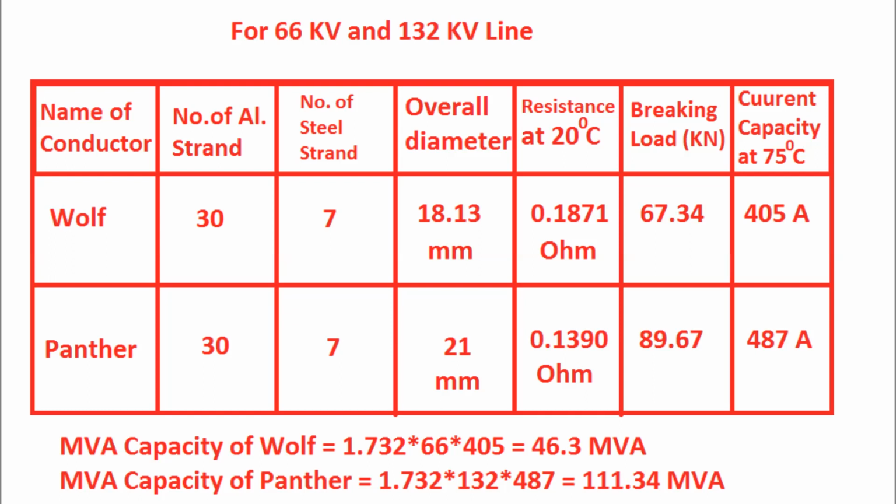The breaking load for these conductors is 67.34 kilonewton and 89.67 kilonewton respectively. The current carrying capacity at 75 degrees centigrade for the wolf conductor is 405 ampere, and for panther it is 487 ampere. Since the voltage level is different for these conductors, the MVA capacity of wolf is 46.3 MVA, while the MVA capacity of panther is 111.34 MVA.